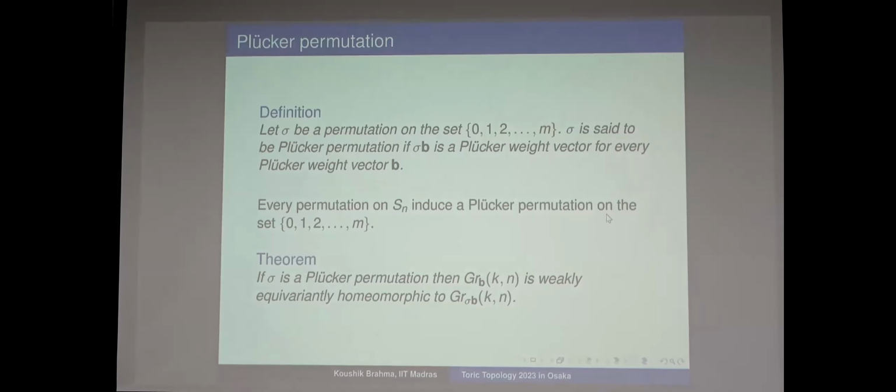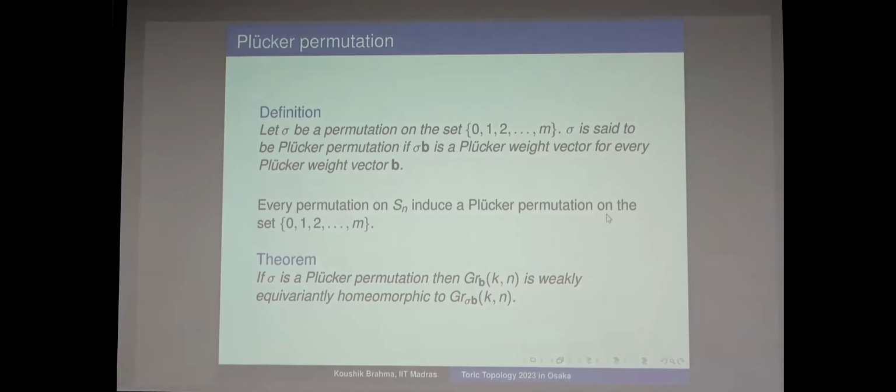We can see that every permutation in Sn induces a Plücker permutation on this set 0, 1 to m. So this set of Plücker permutations is a quite bigger class that contains the set of all permutations of Sn, and it is a subgroup sitting inside Sm plus 1, the permutations of 0, 1 to m.